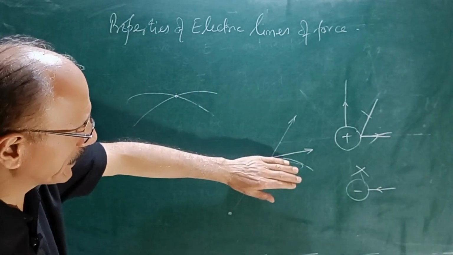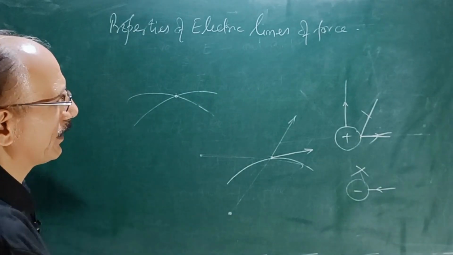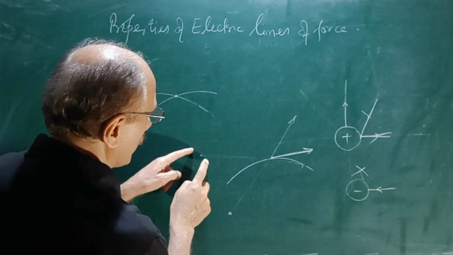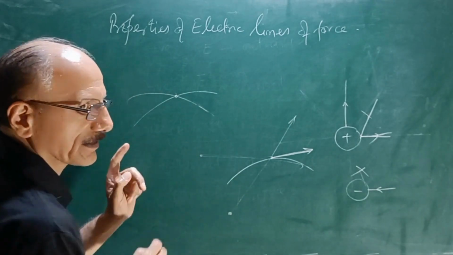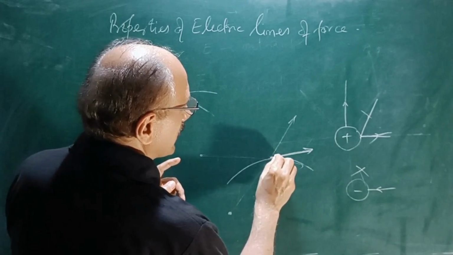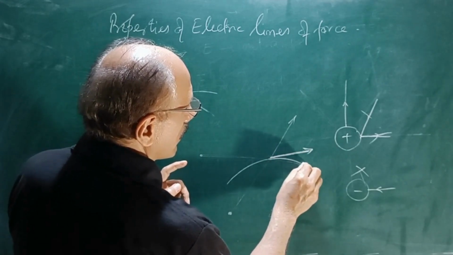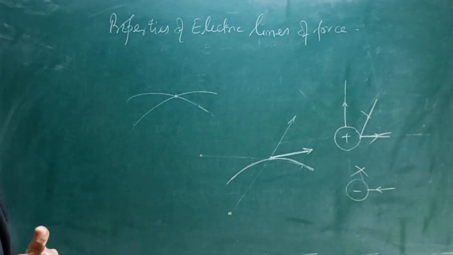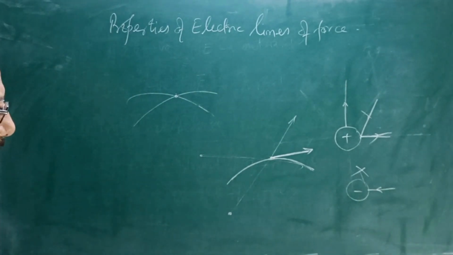So the resultant of these two will be arranged somewhere here according to the magnitude and distances of these, and so will be the direction. So that is the tangent to the electric lines of force.